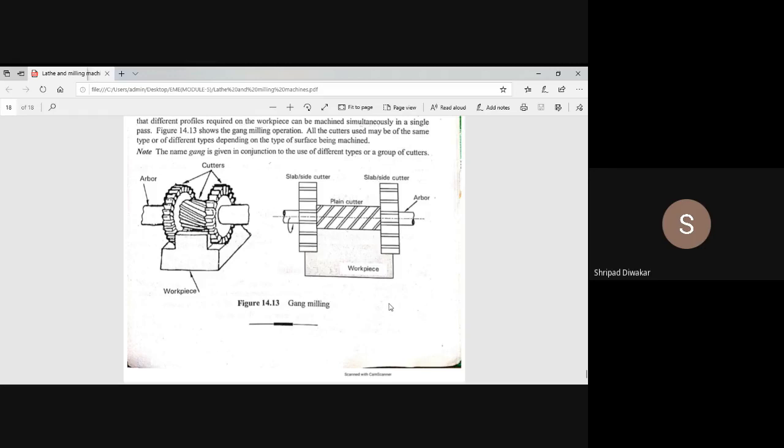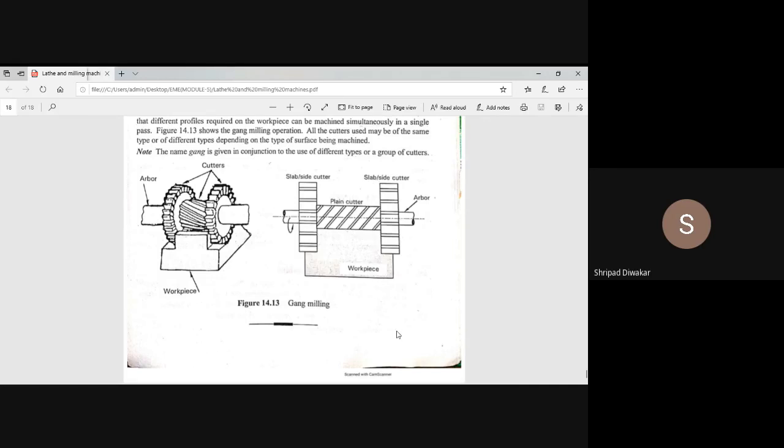Okay, so that is the third difference. And fourth difference is that the metal removal rate is less because of the single point cutting tool in case of lathe machine. Okay, but in case of milling machine, the material removal rate is high. So these are the four basic differences.